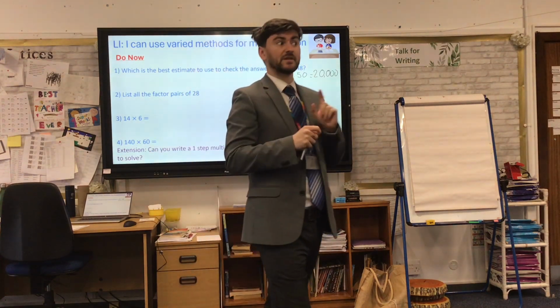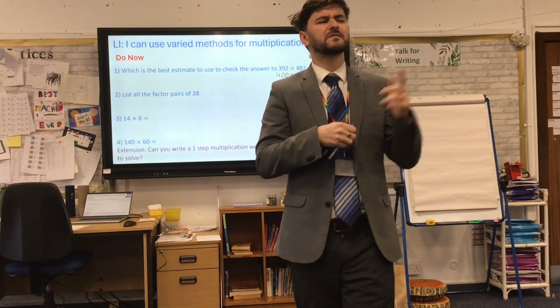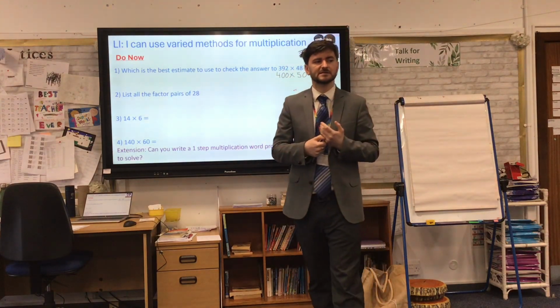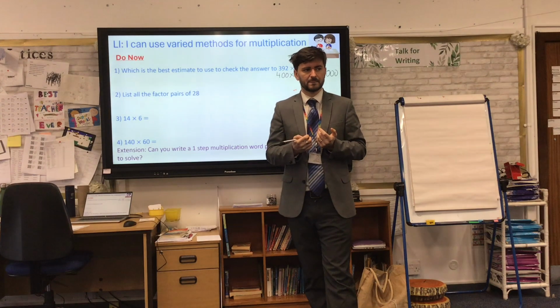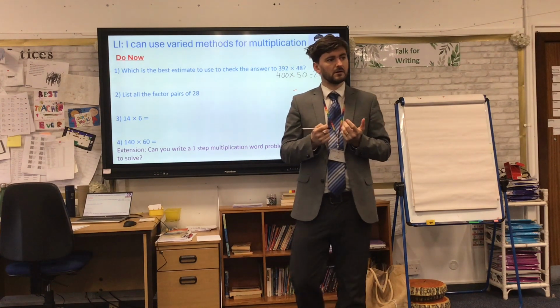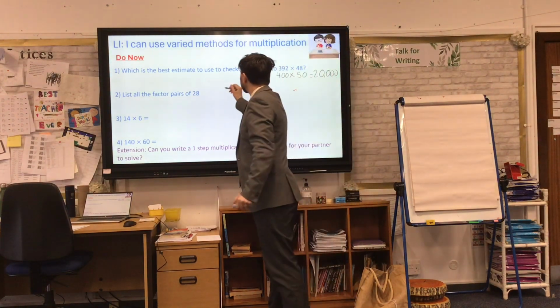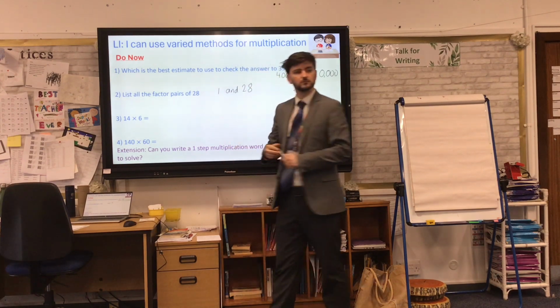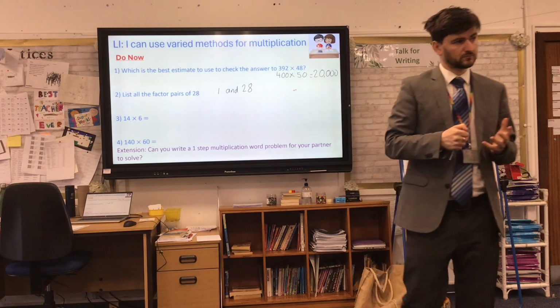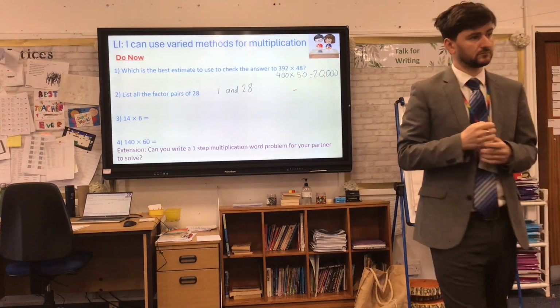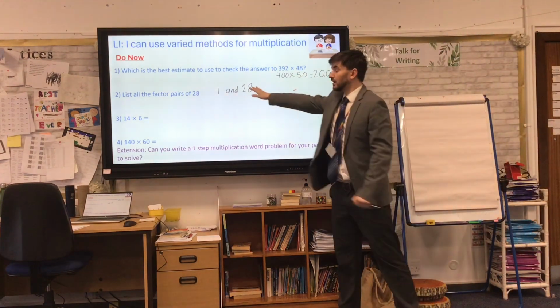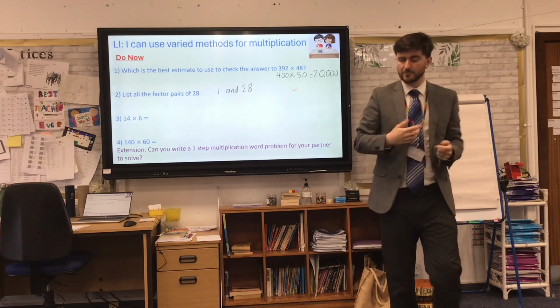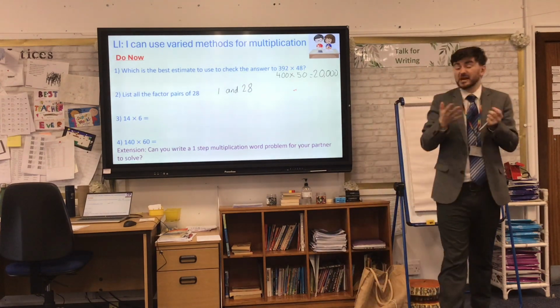So we can do the forming. There is a 2. 2 is a factor, 4 is a factor. But Finley, where might I have started? Where's a sensible place to start when listing factor pairs? I think you could start at 1 times 28. Yeah, absolutely. Every time you halve the number, you double one number and halve the other. Okay, so, yeah, good point. So we can do that. We need to check. We need to start with 1.